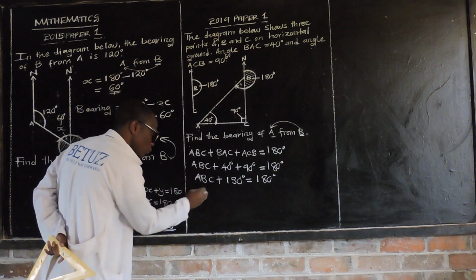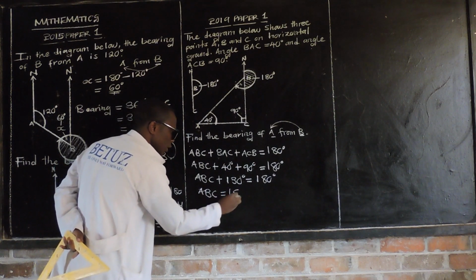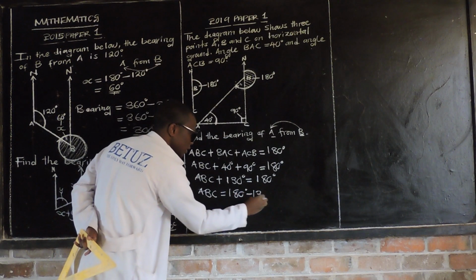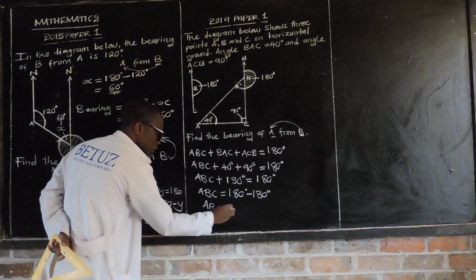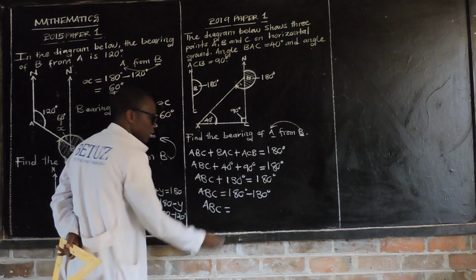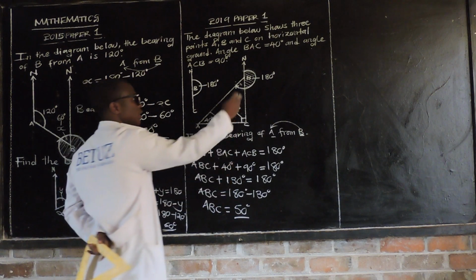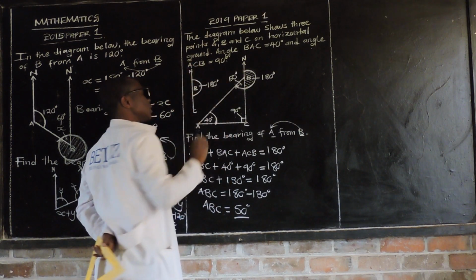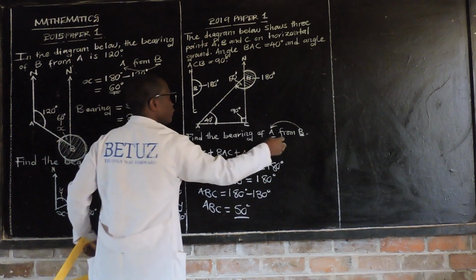Collecting the like terms, ABC is equal to 180 degrees minus 130 degrees. Okay. So ABC is equal to 180 minus 130 to get 50 degrees. So this angle is 50 degrees. Okay. This angle is what? 50 degrees.